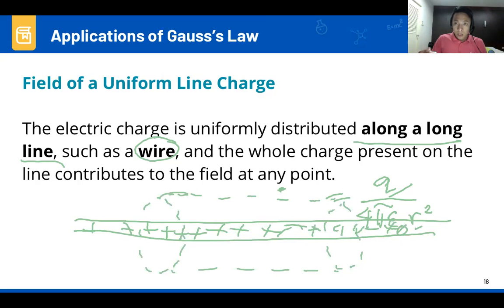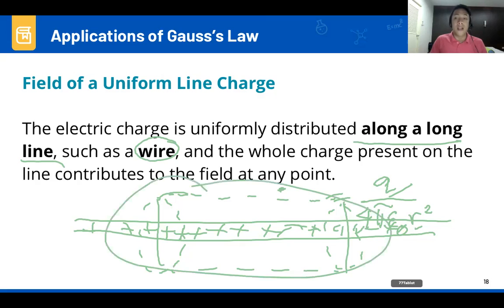For example, you will just calculate the electric field passing through only this limited wire. For example, ang gusto mo lang i-calculate is 2 meters of wire or 3 meters or 5 kilometers of wire kung gusto mo. Okay? So, merong limit yung ating ginagawa. So, we can use the cylinder para ma-cut siyang ganyan. That's why we are just imagining. Okay? So, that is the field of a uniform line charge.